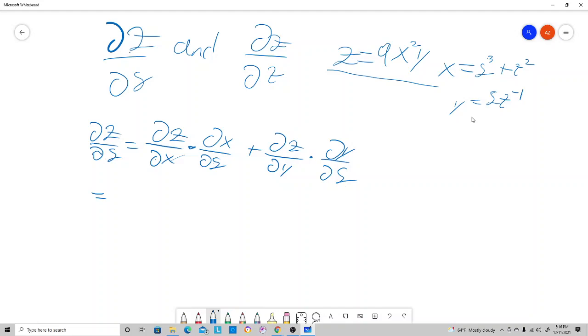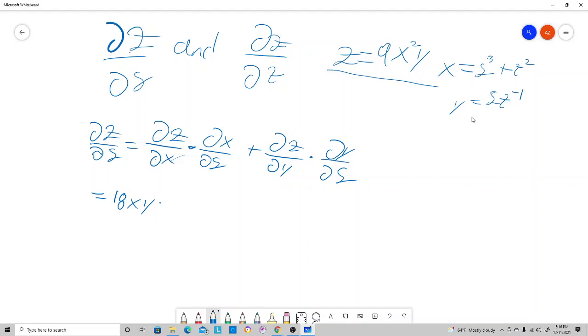So if we follow this, let's do the partials. The partial of z with respect to x is going to be 18xy. That's being multiplied by the partial of x with respect to s.